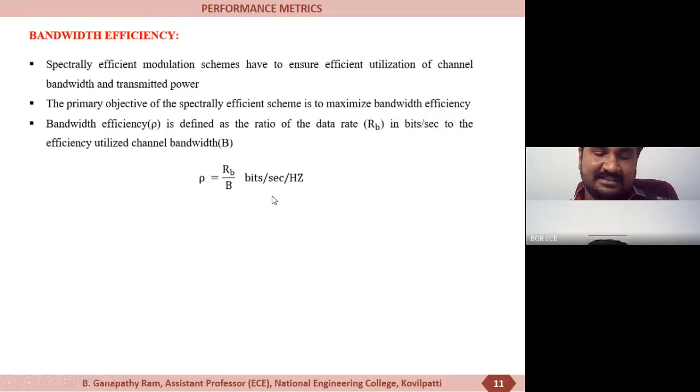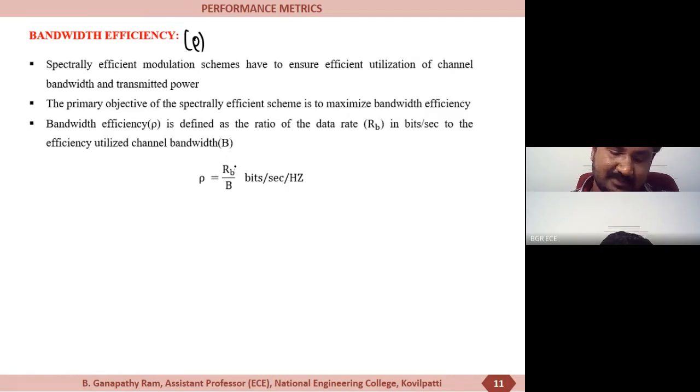The bandwidth efficiency is defined as the ratio of the data rate in bits per second to the efficiently utilized channel bandwidth B. So rho is called the bandwidth efficiency, which can be written as Rb over B, where Rb is the data rate of the system and B is the channel bandwidth.